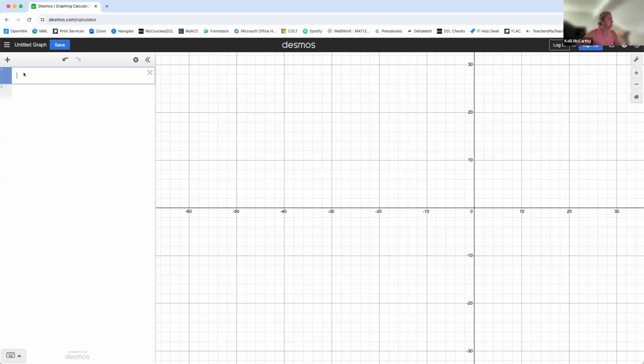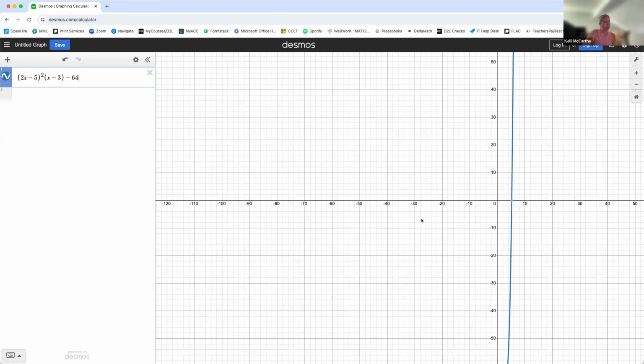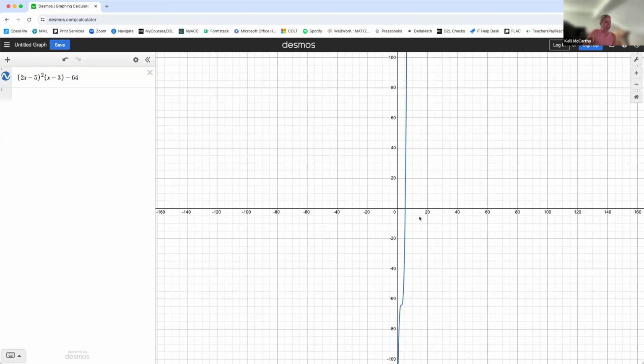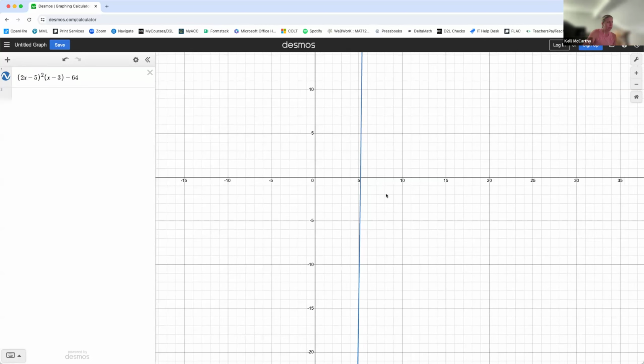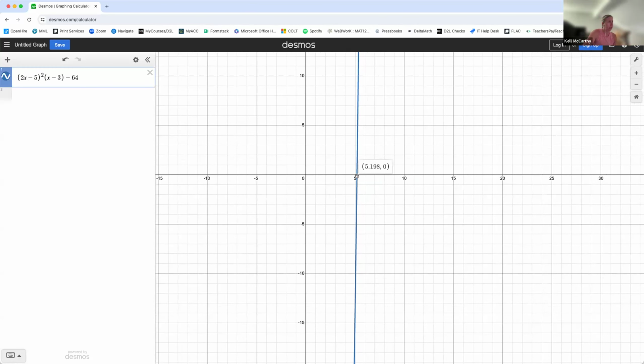All right, so in Desmos, we're going to type in the left-hand side. So we've got 2x minus 5 squared times x minus 3 minus 64. And if I zoom out a little bit, just seeing if there are any other zeros, it didn't look like there were any others.